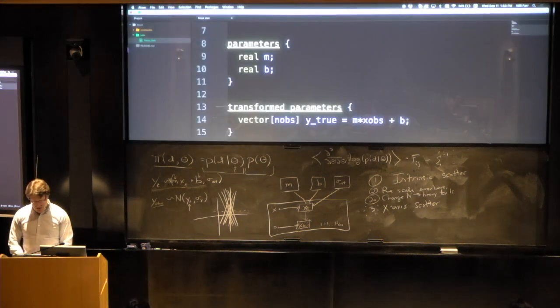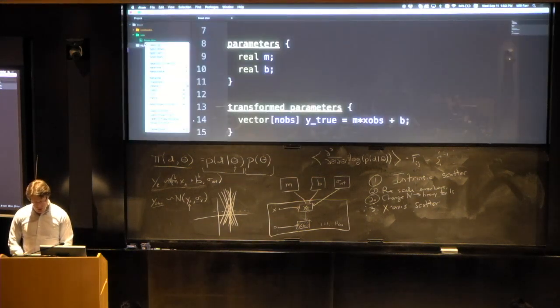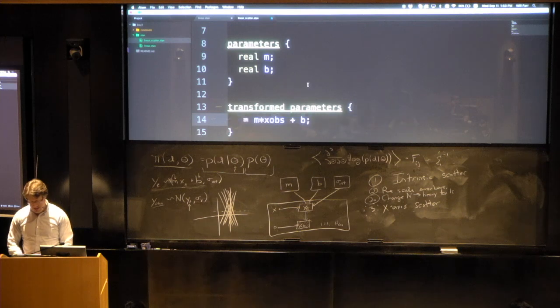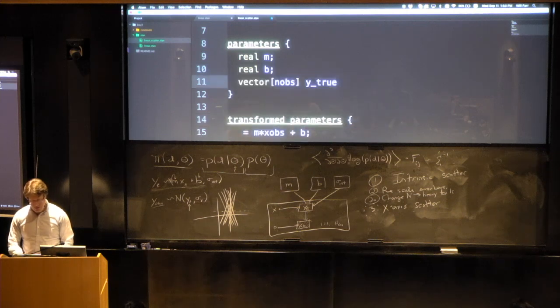Now we're going to do what you really shouldn't do, and we're just going to copy this file and name it something new. Okay, so now here, it really is the case that yTrue is a parameter.